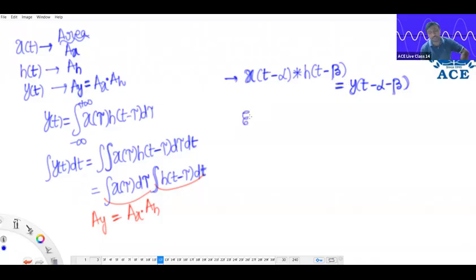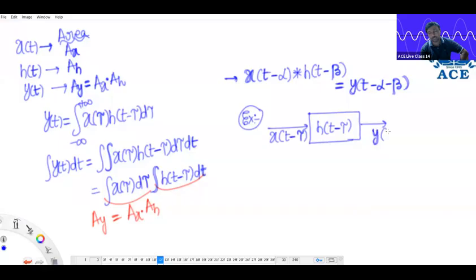In one of the exams, the question is framed like this. The input is shifted by tau, and the system is also shifted by tau. What is the answer in terms of the output?